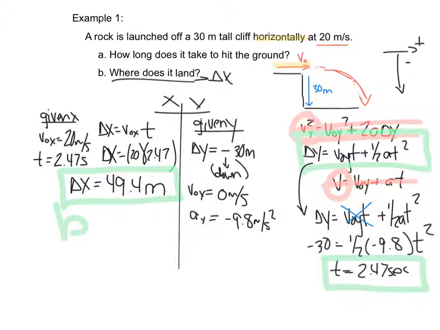And you would do the same exact problem, except you wouldn't have that sort of middle step of letter A to kind of guide you in the right direction. So that would be a little trickier if I wanted to do that. Cool. So that's an example of a horizontally launched projectile.